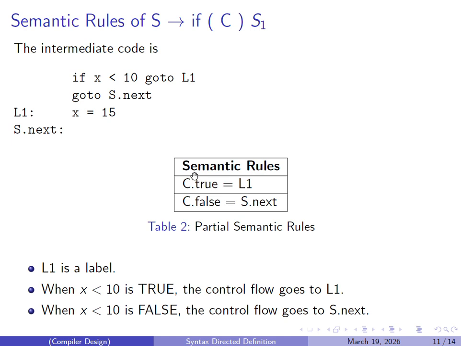If it is false, that is C.false, then over here the condition is false, and it's going to come here, and the location is S.next, which is after L1 over here, and the code should go to S.next. Hence, we are copying the pointer to the memory location, that is S.next, to C.false.